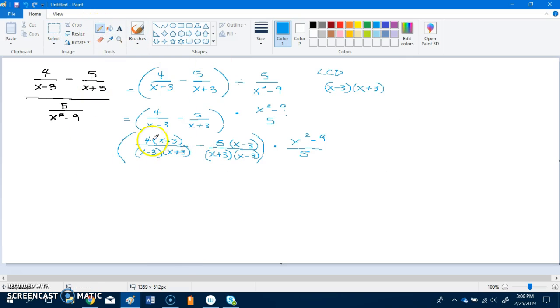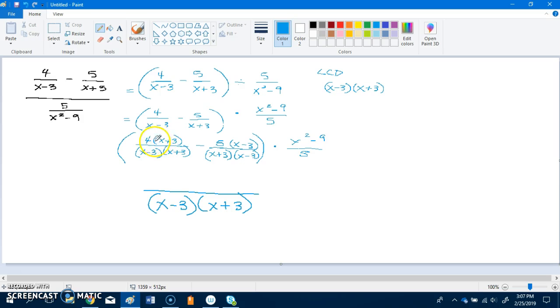Now I can combine this numerator over the same denominator now that I have the same denominator on either side. I'm going to simplify everything in the brackets by putting the two expressions over the same denominator of x minus 3, x plus 3.